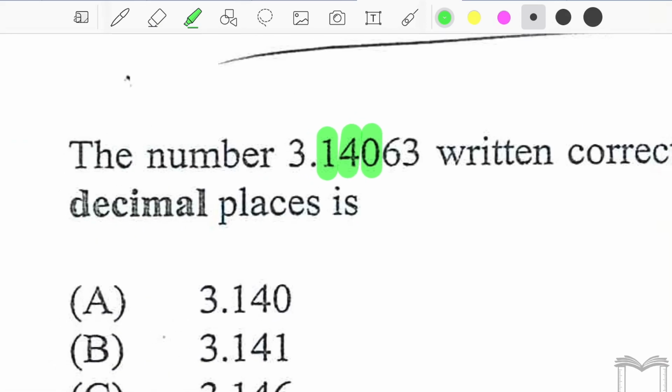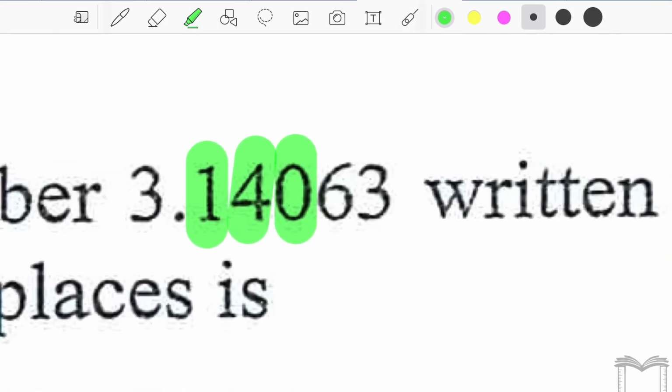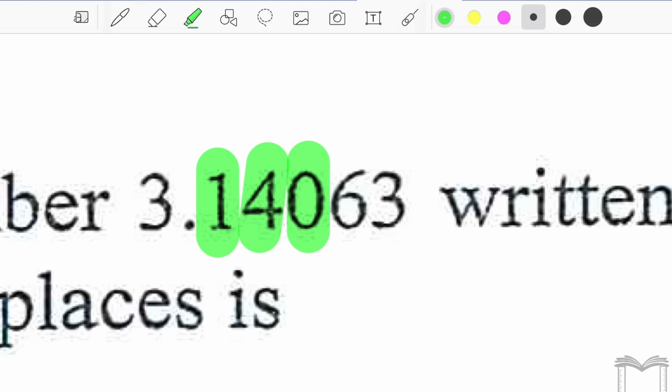So if we are rounding off to 3 decimal places, then we will be looking at the 4th decimal number. So in this case, that is the 6. So we check to see if that 4th number, the number on the right of the number that we are rounding off to. So we are rounding off to the 3rd decimal number, so we look at the number to the right.